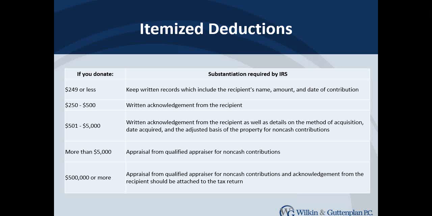And this is worth mentioning, just the substantiation rules in general. It's critical that you keep good records for all of your personal and business tax needs. Karen and I have had a few cases this year that we've worked on with clients, and a lot of audit issues really come up with respect to substantiation. And we've seen them go both ways.